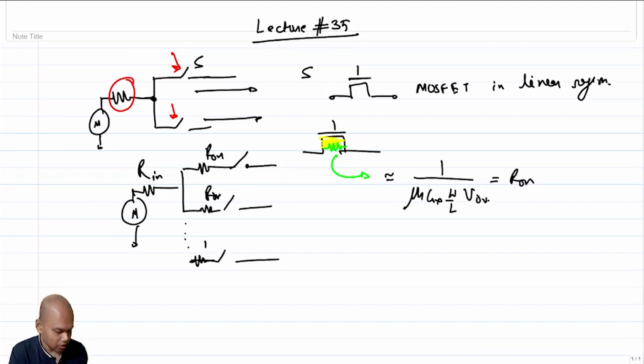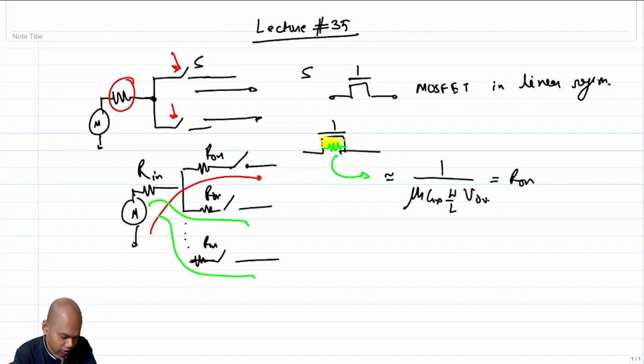Since all these switches are non-overlapping, the signal or the noise flows through this path, or this path, or this path, and they do not share the paths.